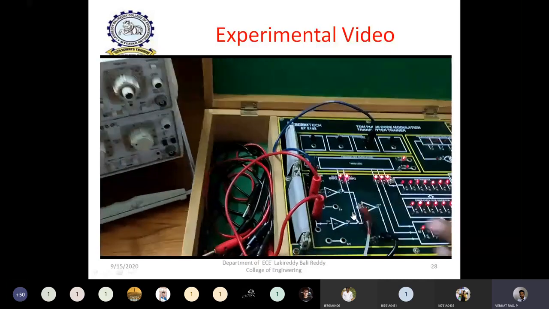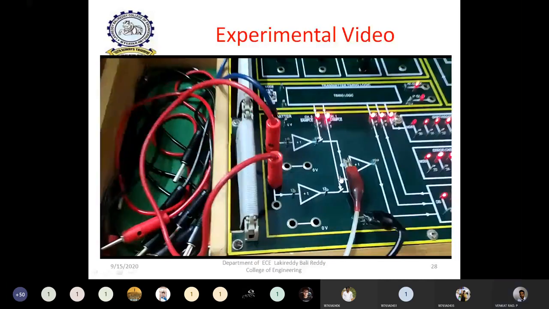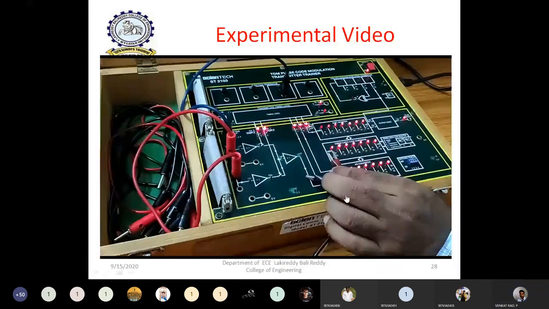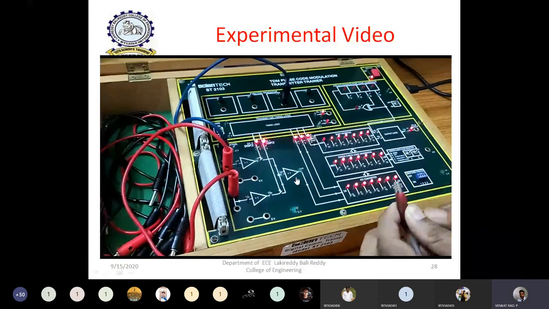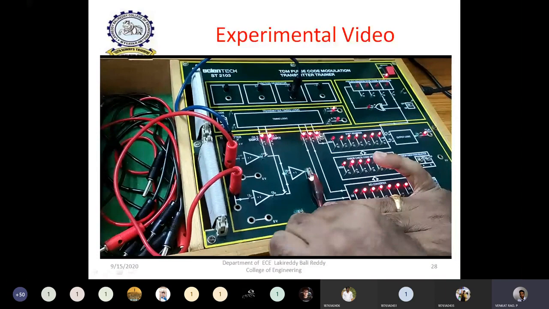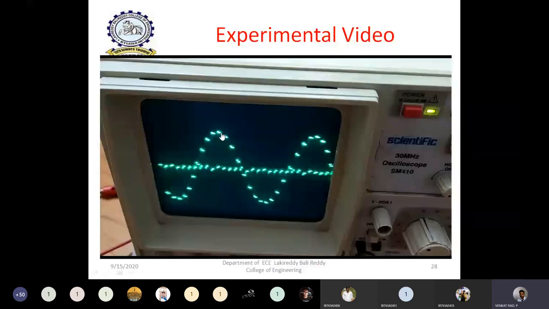Now, if you observe the sampled output here, it will be like this, having a number of samples. And if you observe the quantized output here, after this block, you can see the quantized output. The only difference is that all the sample values are rounded off or approximated to the nearest quantization level. That is the only difference between the sampled output and the quantized output.